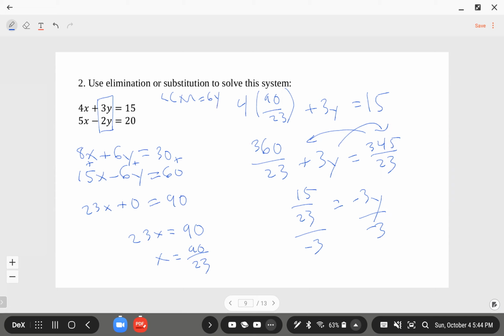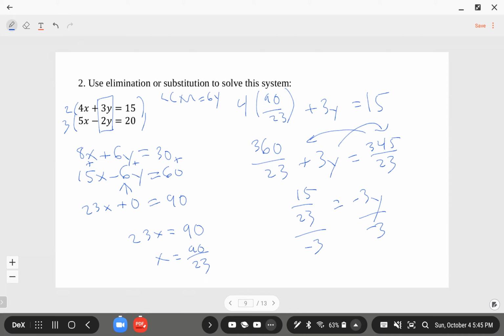Now, how do you get to 6y? We can't just turn that into 6y. We have to multiply it. So 3y times 2 equals 6y. -2y times 3 equals -6y. Then that sets you up for elimination. Because if you just add them without thinking, then you're not going to eliminate a variable.